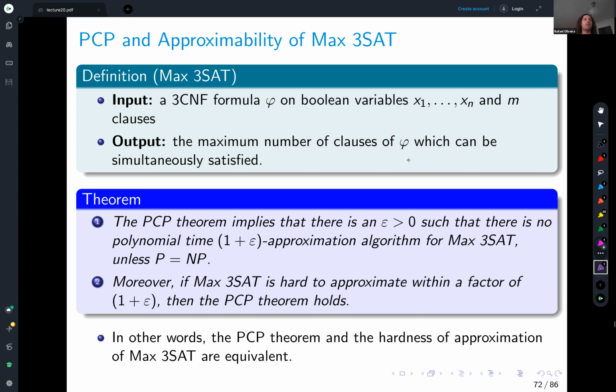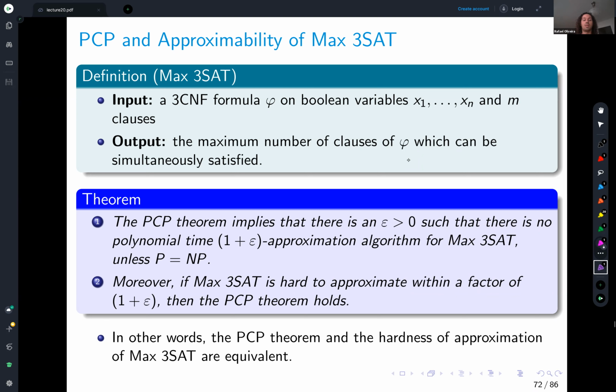It turns out that we can use the PCP theorem to show that Max 3-SAT is hard to approximate, and this is actually equivalent to the Max 3-SAT problem being hard to approximate.